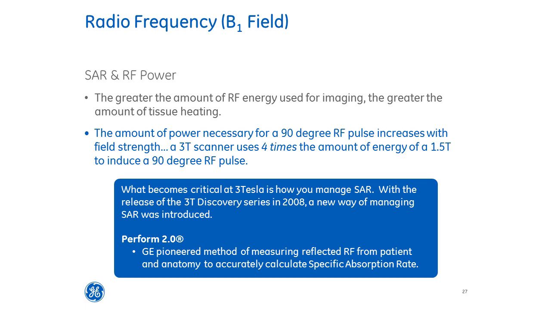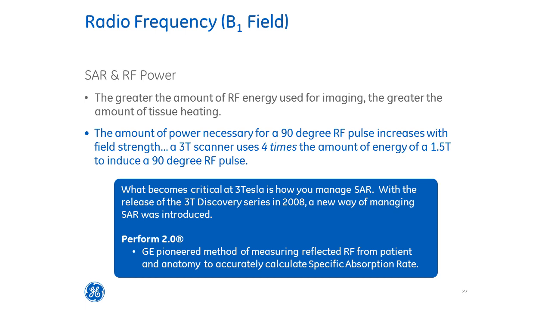Now let's consider the RF energy based upon the field strength. The higher the field strength, the stronger the pull is to keep the hydrogen protons aligned with the main field. Thus, more RF is needed to knock them down to the transverse plane. However, this is not a linear increase in the amount of energy needed to flip the protons. It is actually logarithmic.